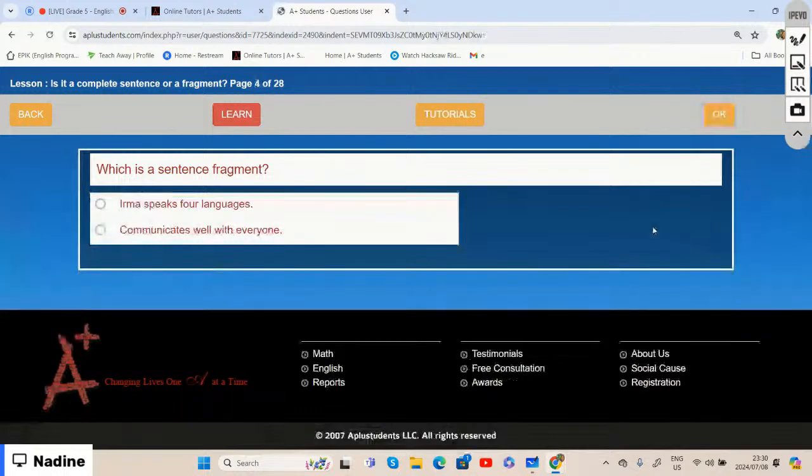All right, this one says, which is a sentence fragment? Is it option one that says Irma speaks four languages? Or option two, communicates well with everyone? Which one is correct?